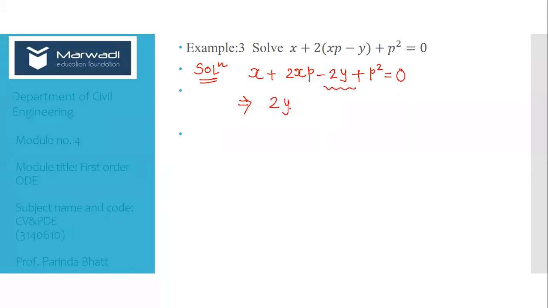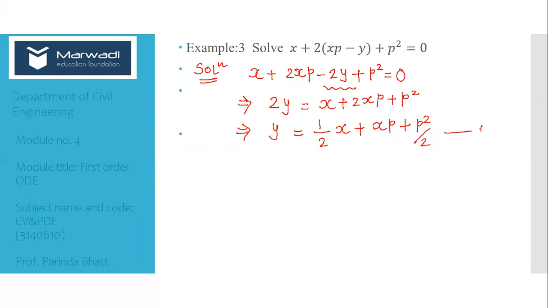Therefore, move it to the other side. Other terms as it is, x plus 2xp plus p square. Now divide by 2, therefore y equal to 1 by 2 x, this 2 cancels out, therefore xp plus p square by 2. Okay? This is equation number 1. Y as a function of x comma p.